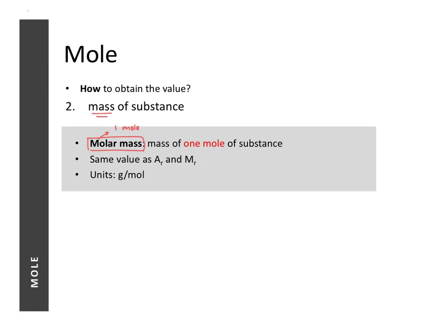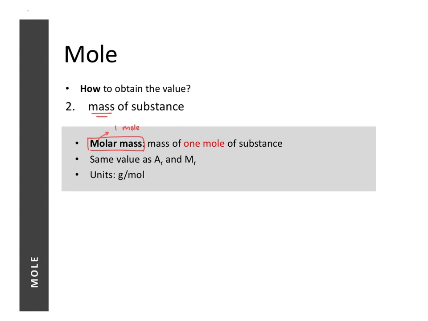It has the same value as your relative atomic mass or your relative molecular mass. What I mean by that is that if I have 1 mole of an atom, it will have the same mass as the relative atomic mass of the atom. If I have 1 mole of a compound or a molecule, it would have the same value of mass as the relative molecular mass of that molecule.